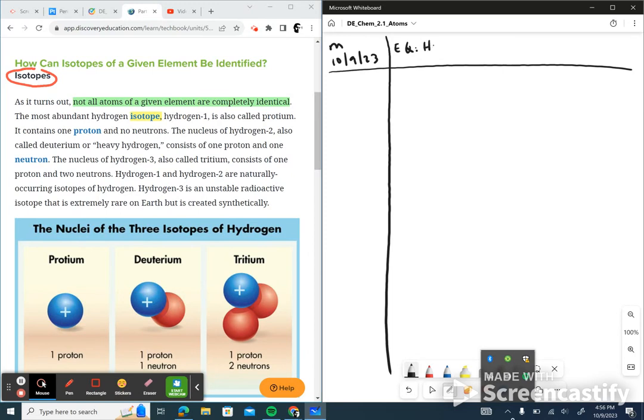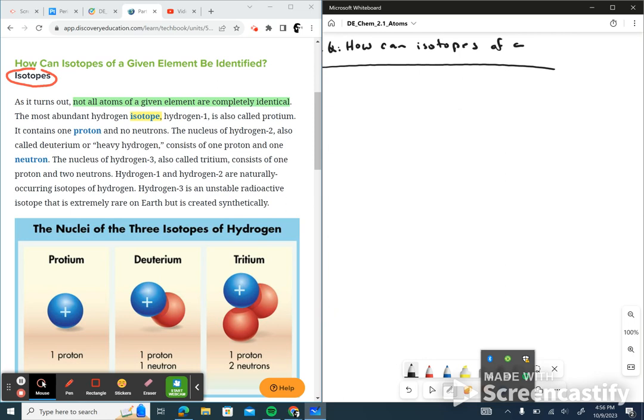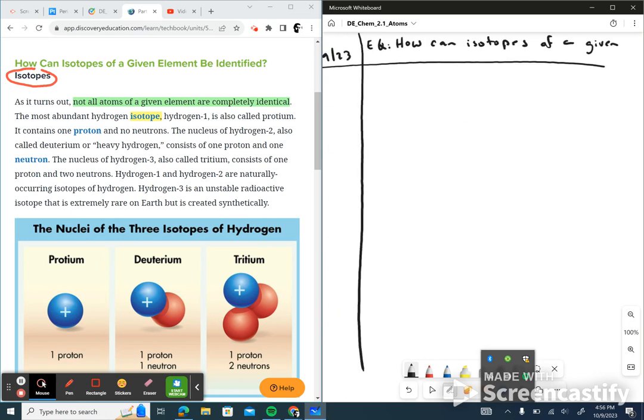So, how can isotopes of a given element be identified? Question mark. Okay.